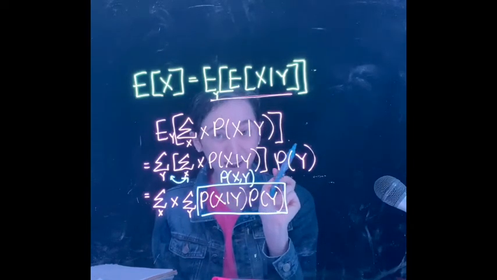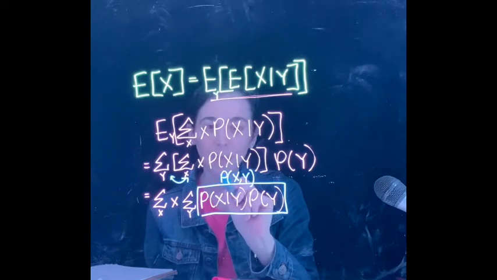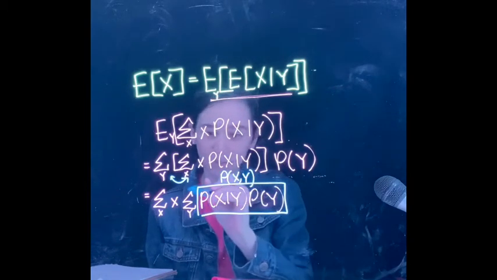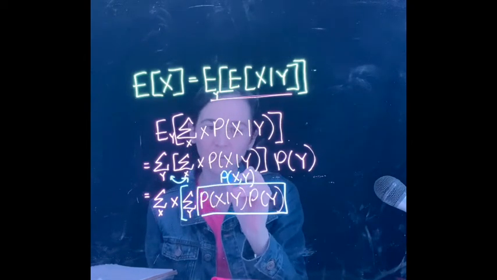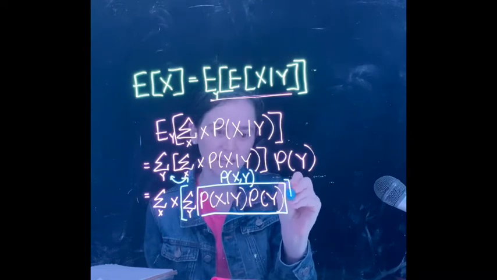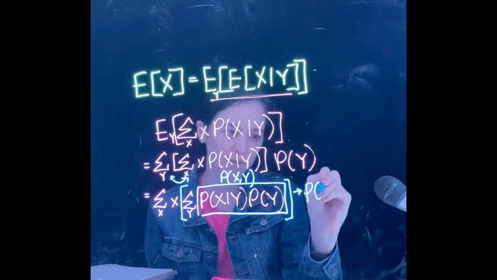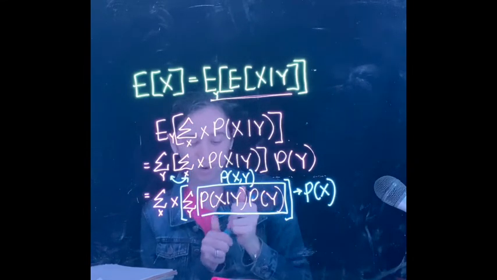Another probability fact is that if you sum up the probability of x and y across all y, the sum over y of the probability of x and y, that ends up being equal to the probability of x. So let's plug that into our equation.